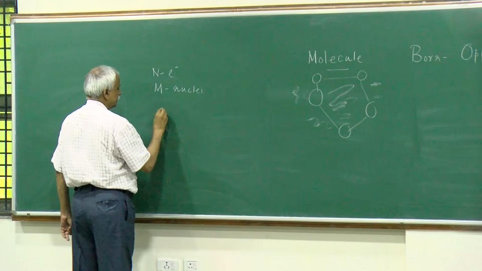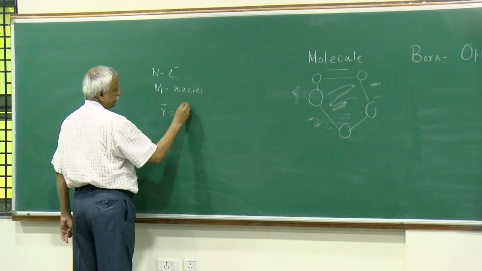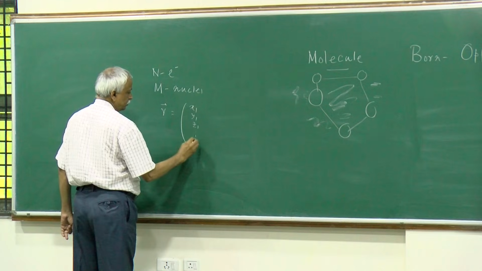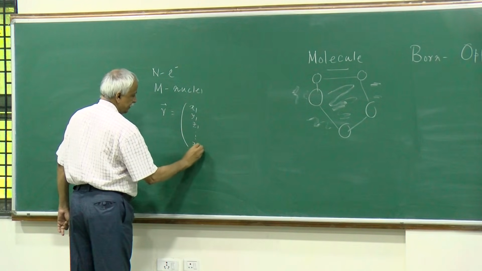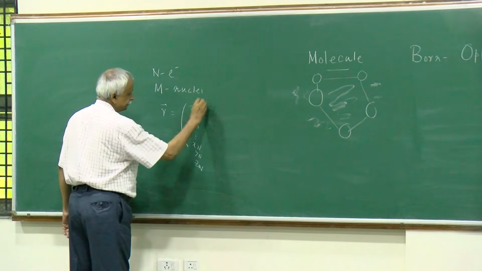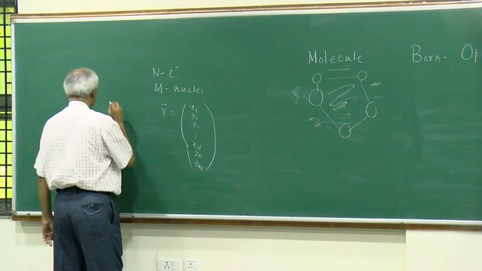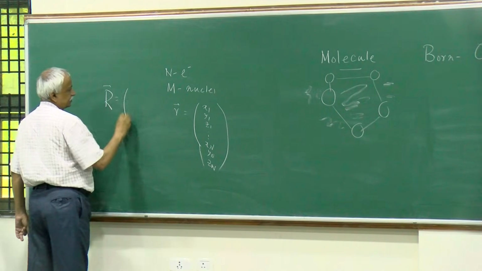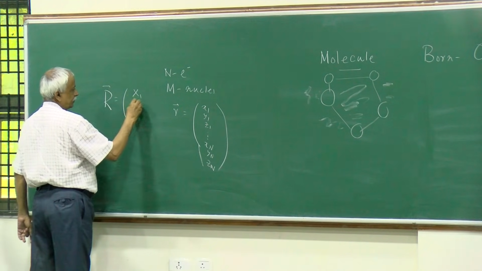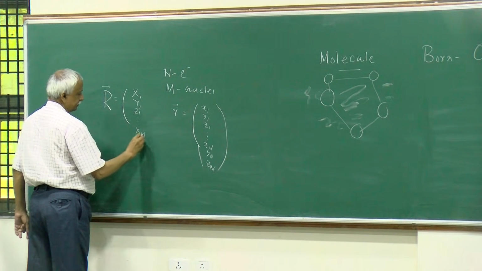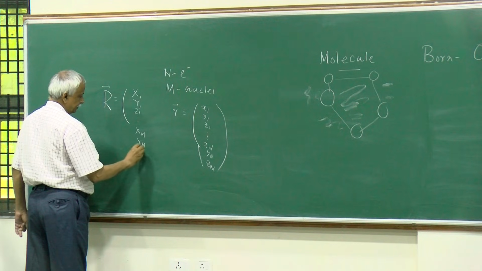So I will write a vector r as x1, y1, z1 up to xn, yn, zn. And similarly, this vector R is something like x1, y1, z1 up to xm, ym, zm.